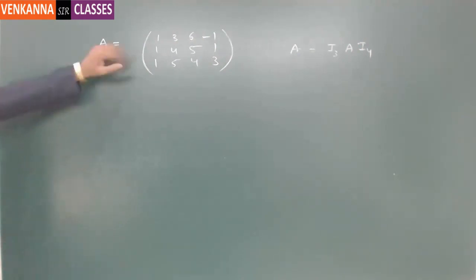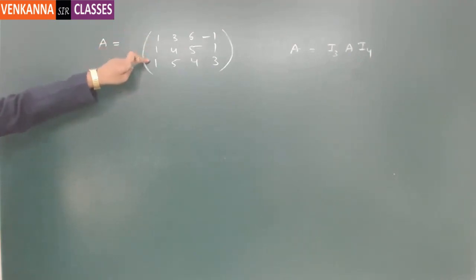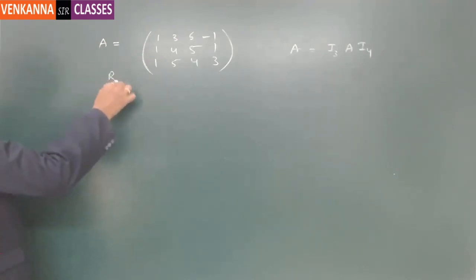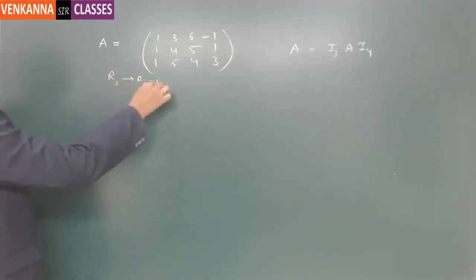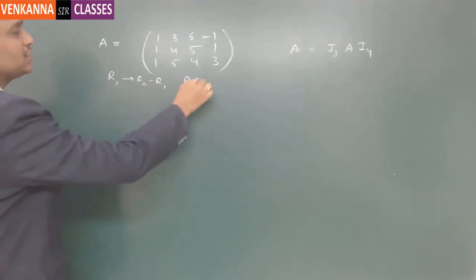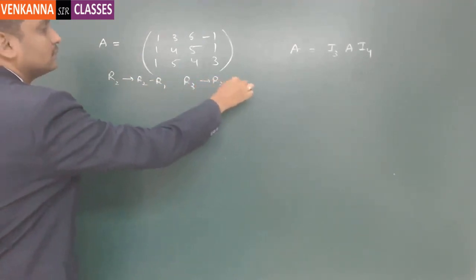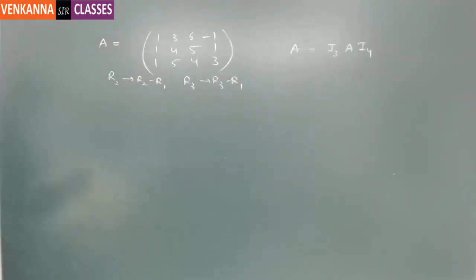Now, on observing this pattern, to get the entries as 0 before the first diagonal element, you need to perform the row operations as R2 tends to R2 minus R1 and R3 tends to R3 minus R1. So it will be equivalent to A will become as 1, 3, 6, minus 1.